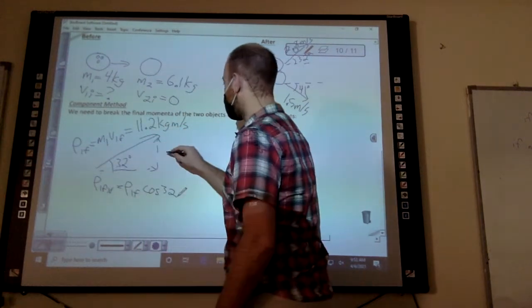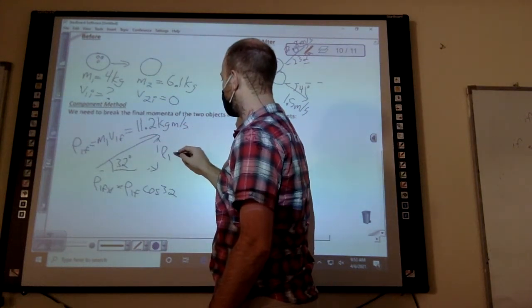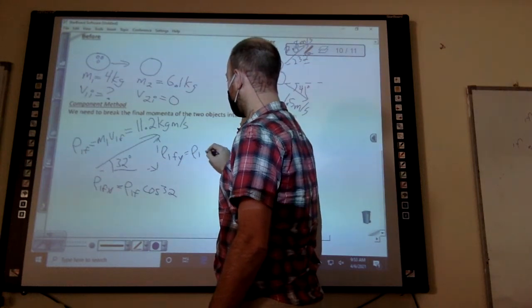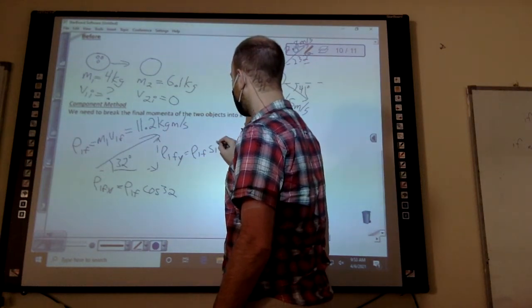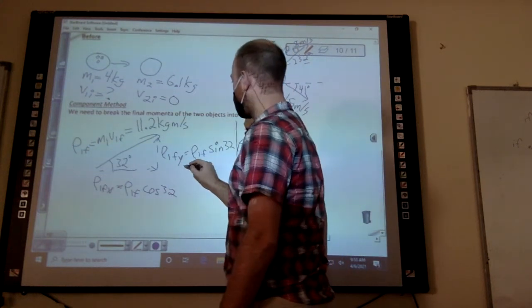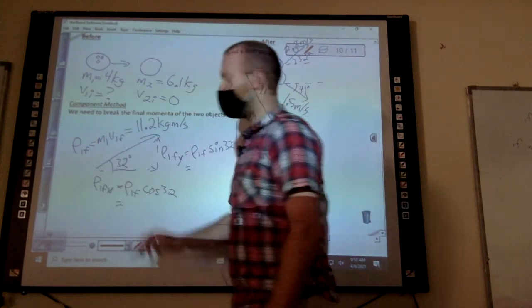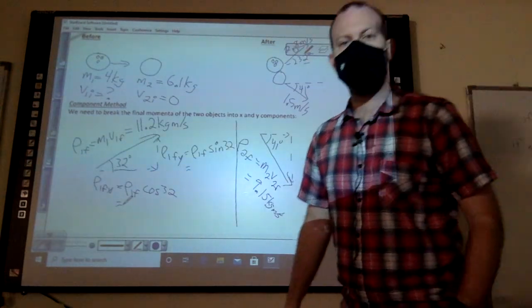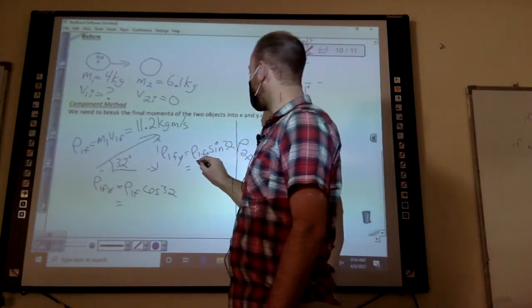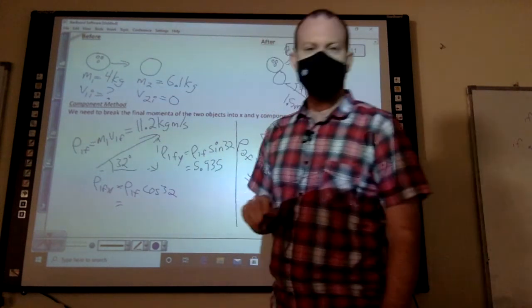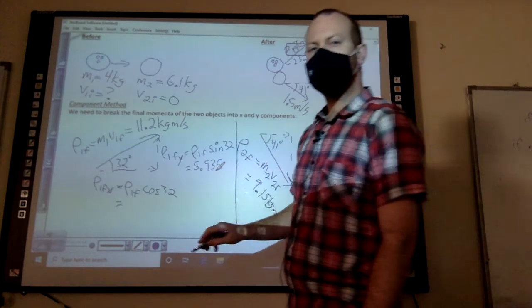I'm going to write out the equations first, and then write out some numbers. So we've got the y component, 5.935, and the x component, 9.498.